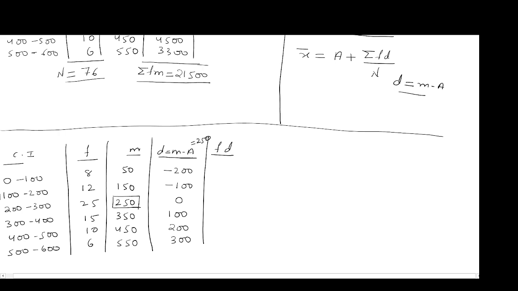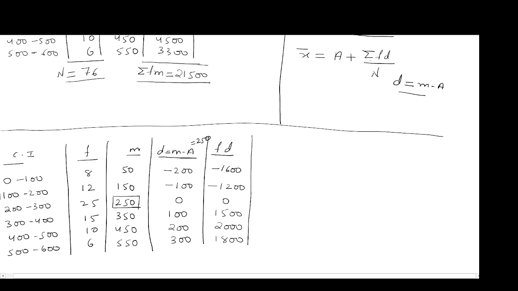So 8 into minus 200 is minus 1600. 12 into minus 100 is minus 1200. 25 into 0 is 0. 15 into 100 is 1500. 10 into 200 is 2000. 6 into 300 is 1800. So this is how FD value should be calculated.